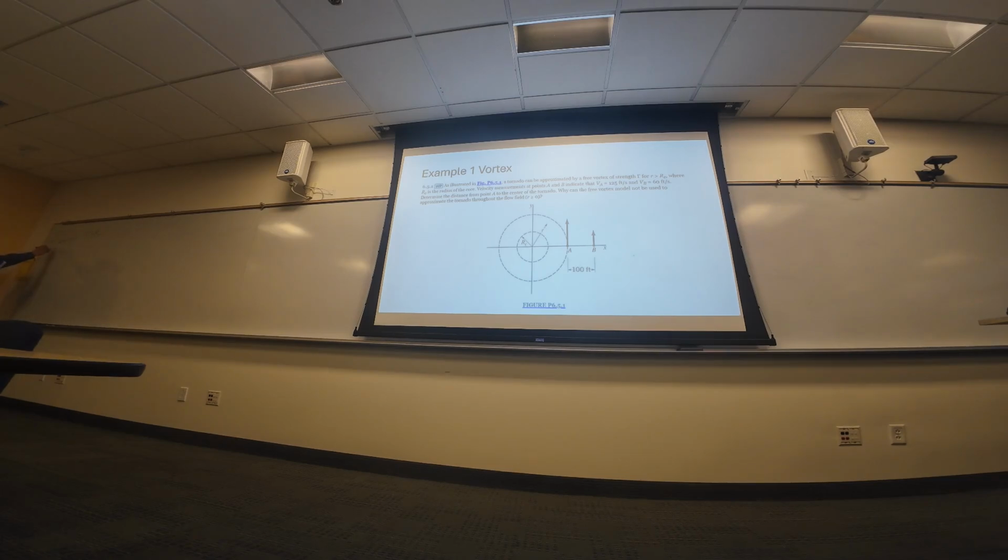RC, I guess we're calling this the radius core. Radius core. And then we have our VA equal to 125 feet per second. Is that dark enough for people? Need another marker? Is that okay? And then VB is equal to 60.